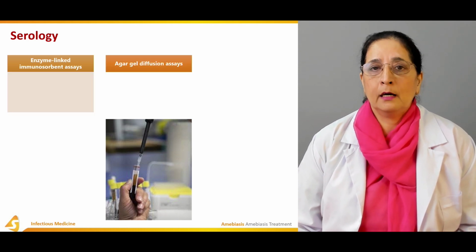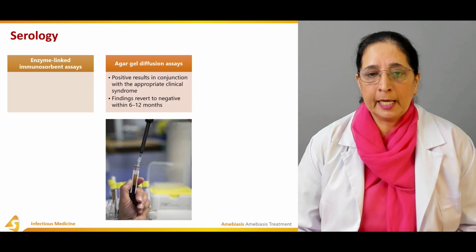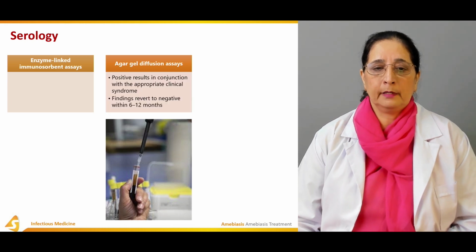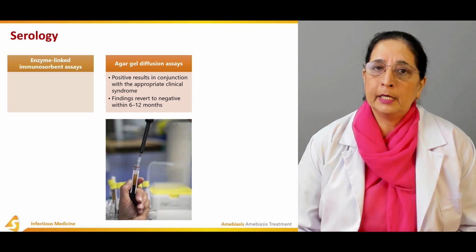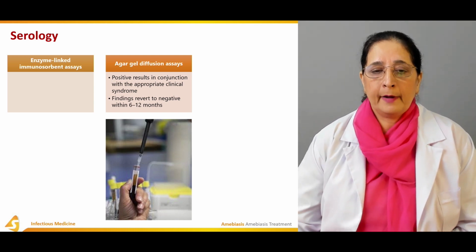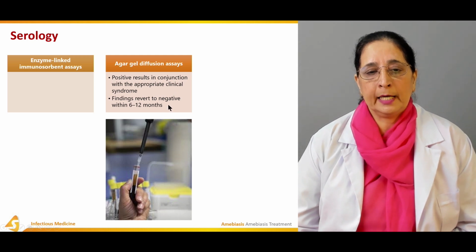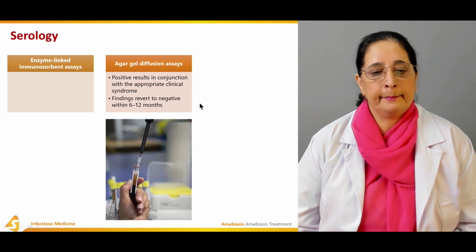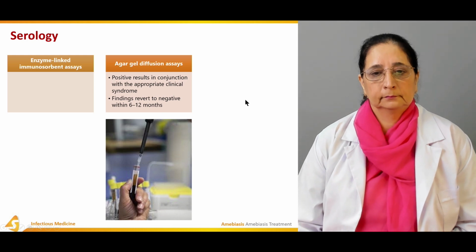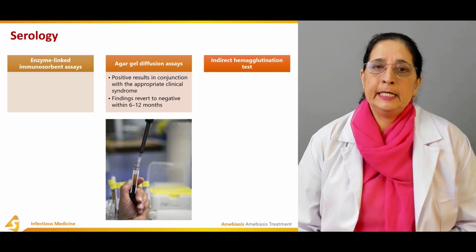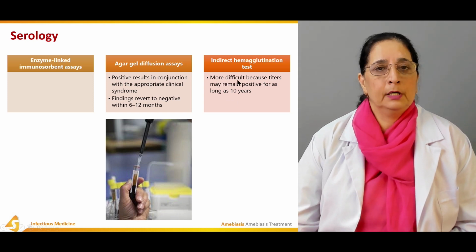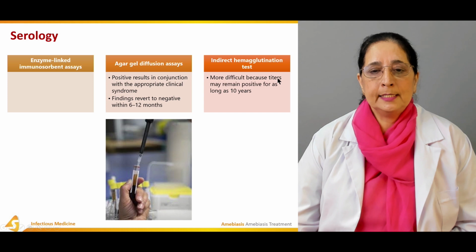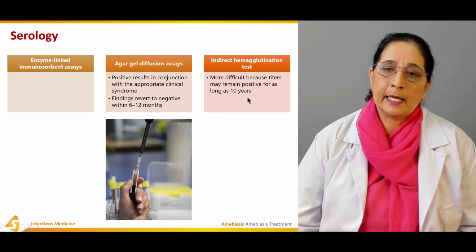We have agar gel diffusion assays, with positive results in conjunction with the appropriate clinical syndrome. Findings revert to negative within 6 to 12 months. The indirect hemagglutination test is more difficult because titers may remain positive for as long as 10 years.